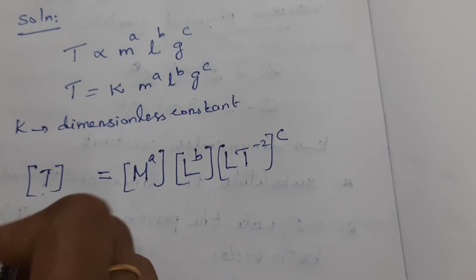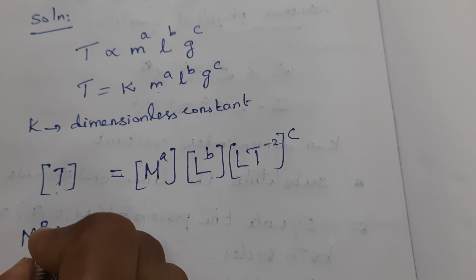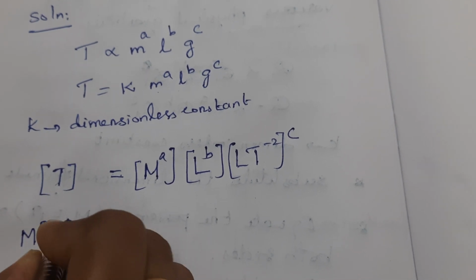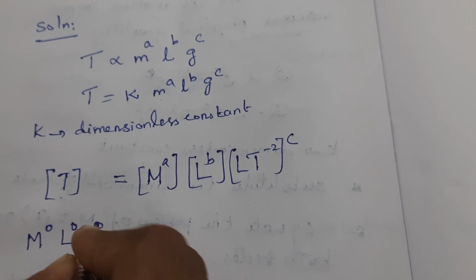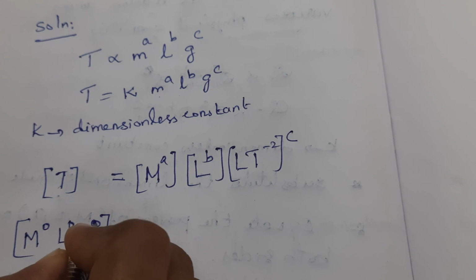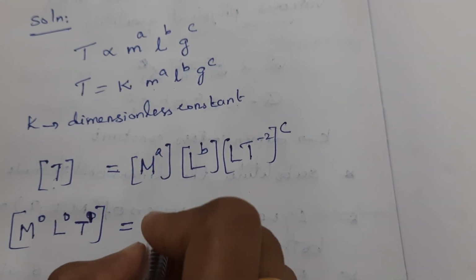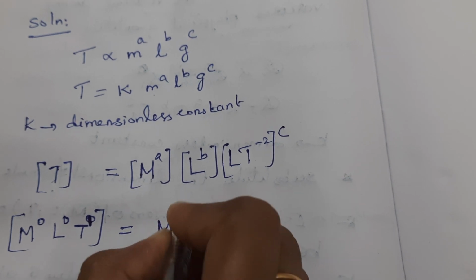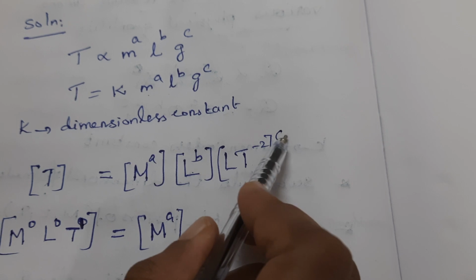Time has 0 dimension in mass, 0 dimension in length and 1 dimension in time. So M power 0, L power 0 and T power 1 equal to M power a, L power b as well as L power c is there.